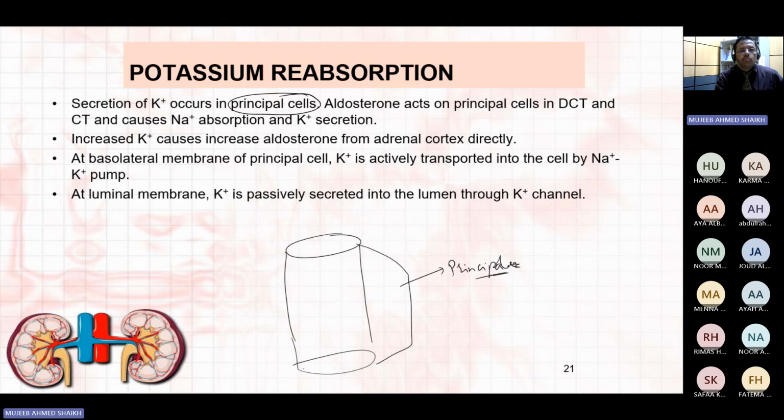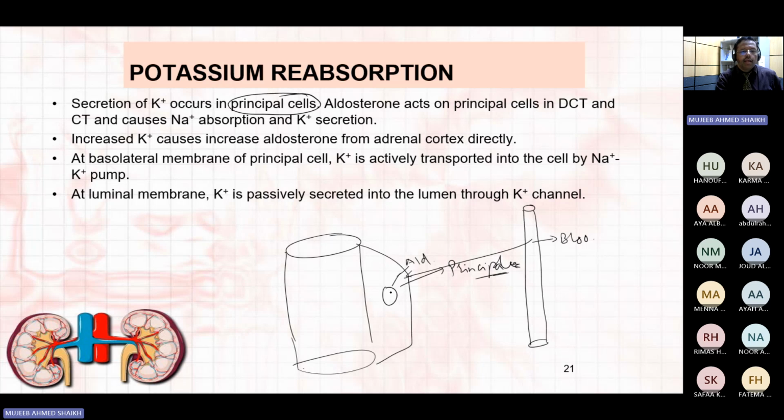This principal cell is under the control of aldosterone, which is brought here by the blood vessel. Aldosterone is a fat soluble hormone.